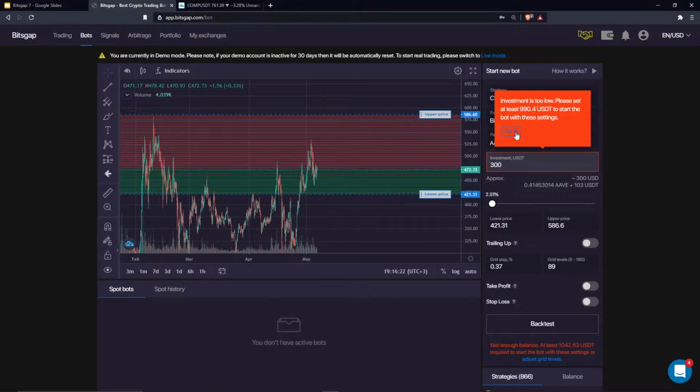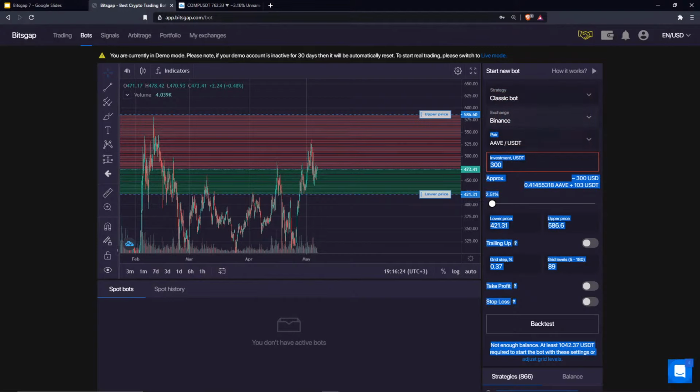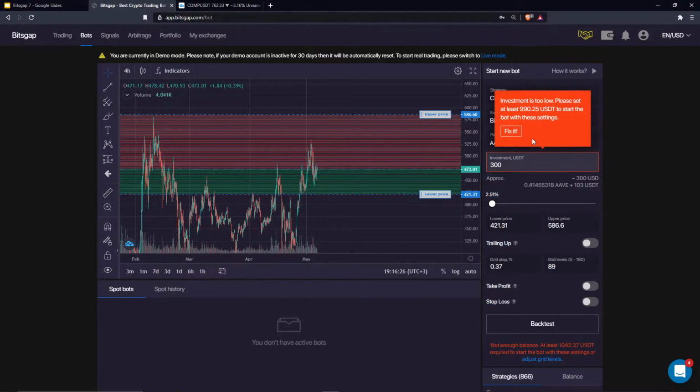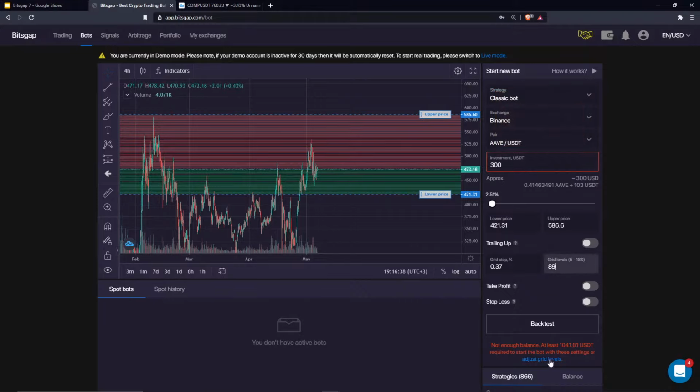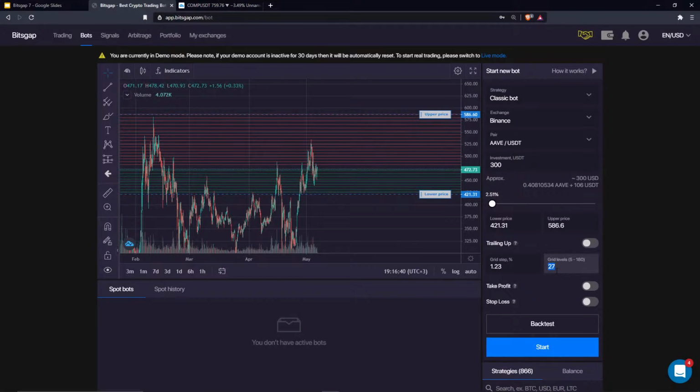So you can either increase it, and in order to have 89 grid levels, you need to have the minimum of $990. So you can fix it. You can increase the investment allocation, but if you don't want to do this, then you just need to adjust the amount of grid levels. So with only 27 grid levels, you can afford investing in this configuration where you have only 300 USDT.